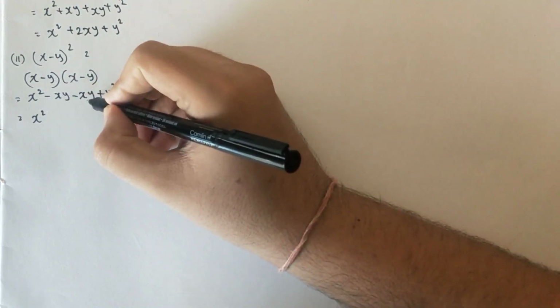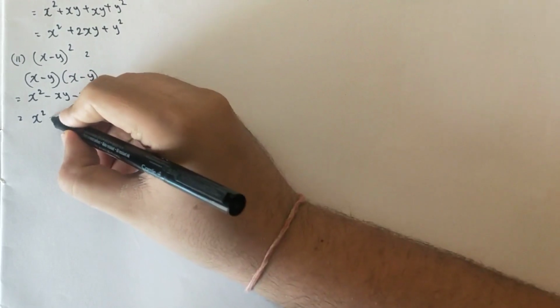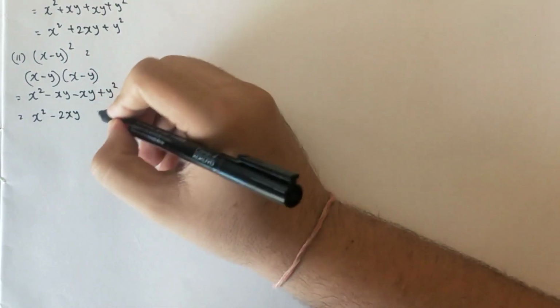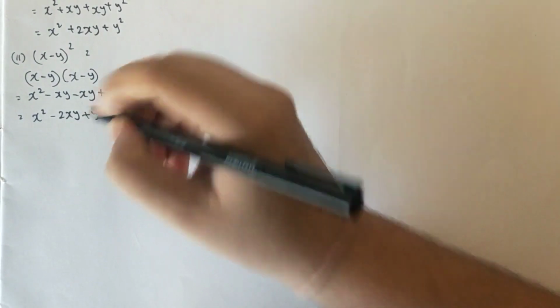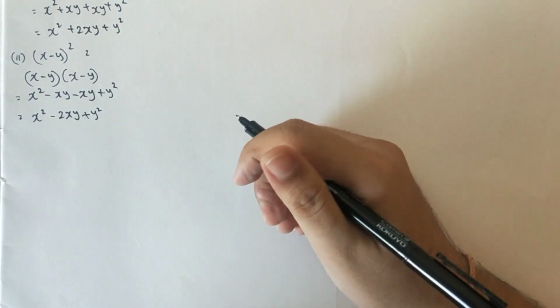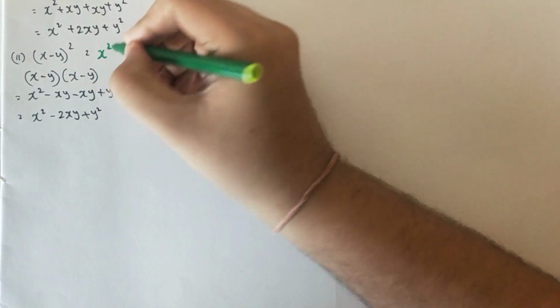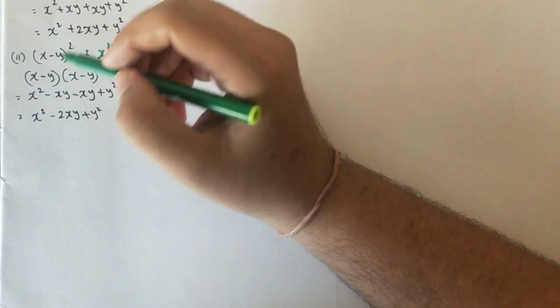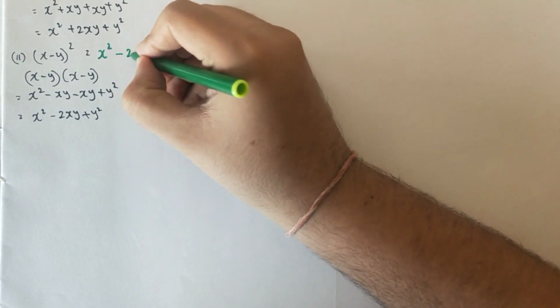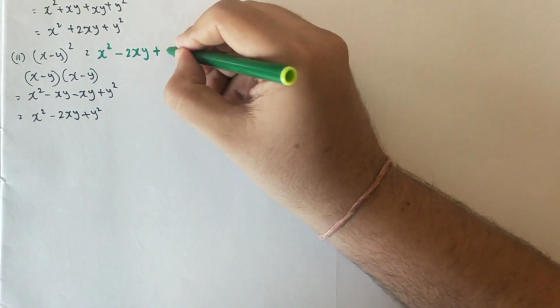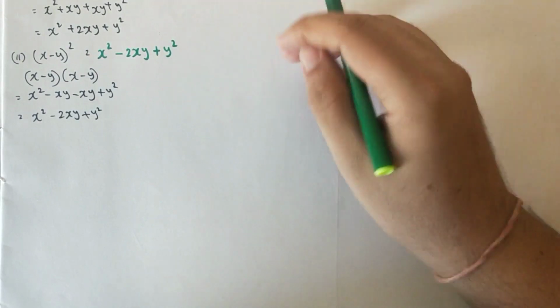But minus XY, both are minus. So we will add them and keep a negative sign ahead, that is minus 2XY, plus Y square. Now, the answer would be X square, means the square of the first term, minus 2 multiplied by first term into second term, plus square of the second term.